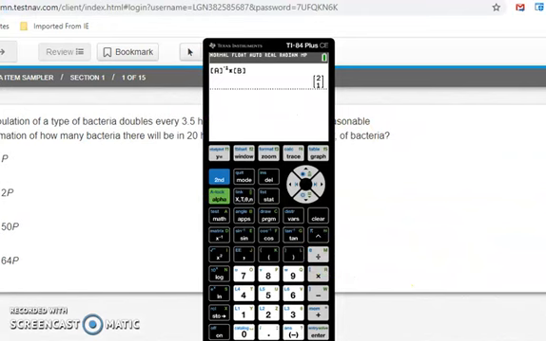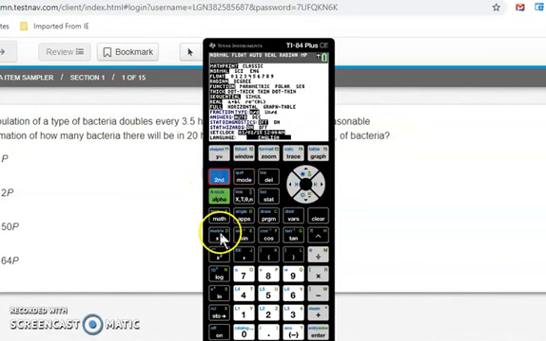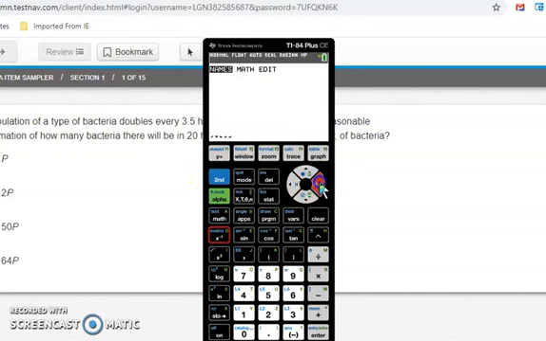Ignore the background, but we're going to put this in our calculator. Remember, we go to matrix and edit A. The A matrix was a 2 row, 2 column matrix. So I would hit enter and put in a 2 by 2.